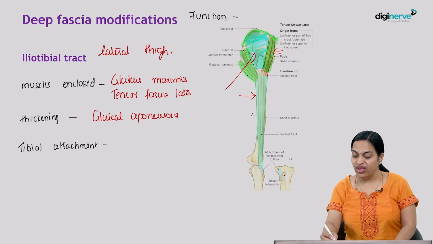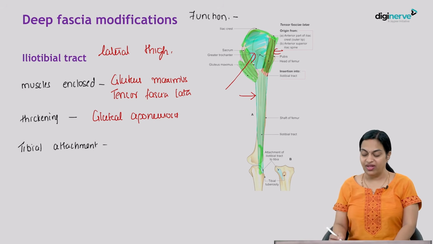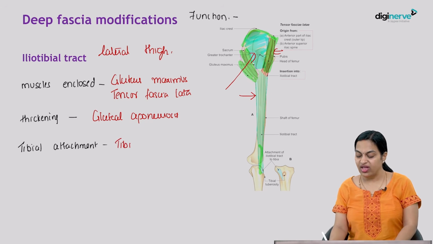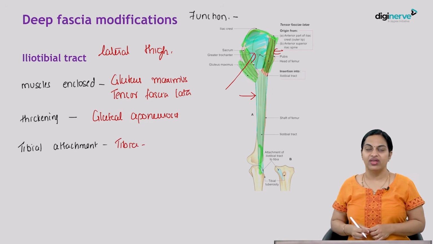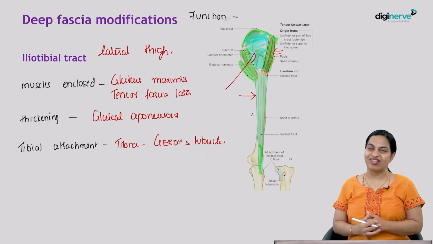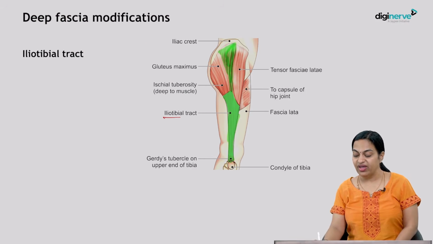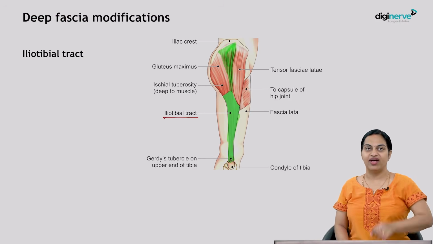And lower down, if we trace this iliotibial tract, it goes to the tibia. There is one small triangular area in the front of the lateral condyle of the tibia, called Gerdy's tubercle, into which the iliotibial tract inserts. So you should be able to identify the iliotibial tract in the cadaver.